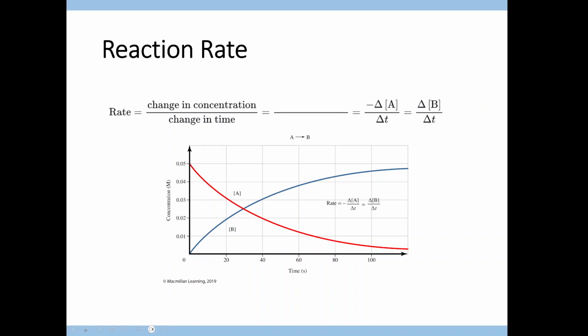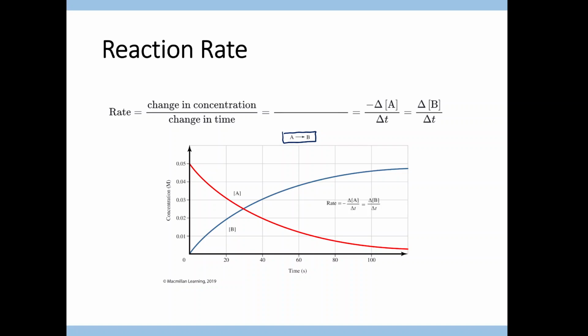On the next slide here, we have an example reaction right here. So we're saying that the reactant we're labeling as A and the product we're labeling as B. So still reactant to product, A is the reactant, B is the product.